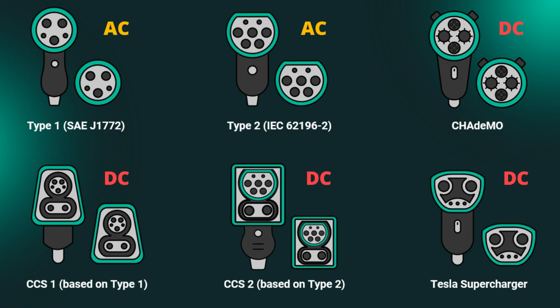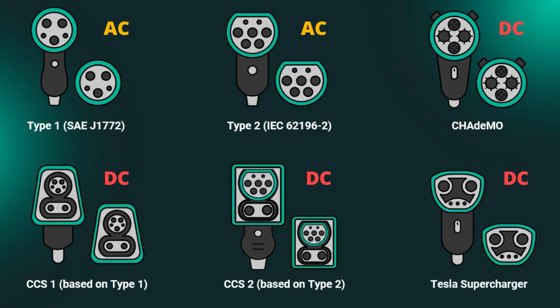For Europe, Combo 2 connector is based on the Type 2 or Mennekes, and for the US and Japan, Combo 1 compatible with Type 1 or J1772. CCS Type 2 is currently the most common type of connector for DC fast charging stations in Europe. Both CCS1 and CCS2 allow DC charging up to 350 kilowatts when equipped with an active cooling system.